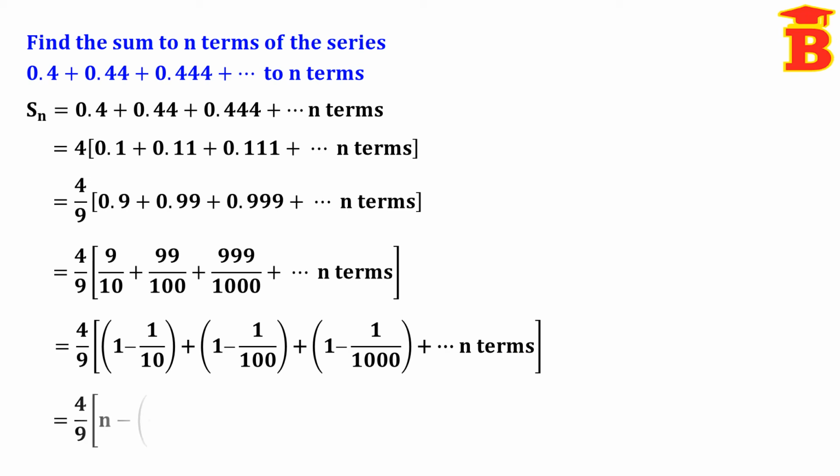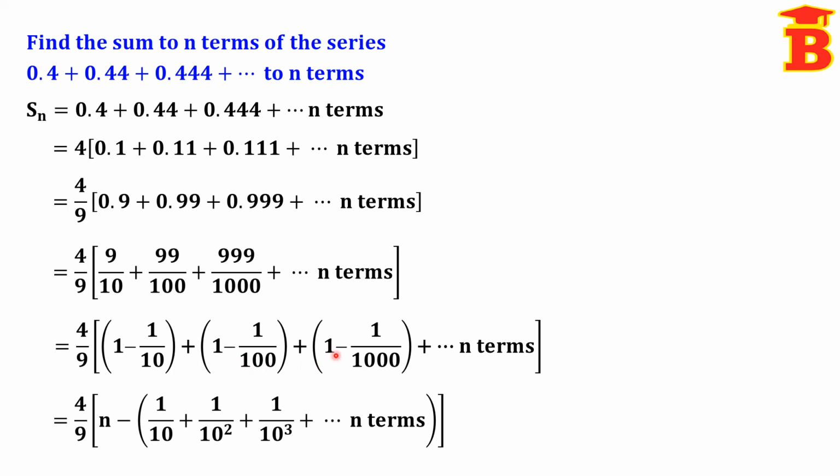Now this is equal to 4 by 9 into, see the number 1 plus 1 plus 1 etc. up to n terms, that is n. So adding 1 plus 1 two times we get 2. Adding 1 plus 1 plus 1 three times we get 3. So adding 1 plus 1 plus 1 etc. n times we get n.